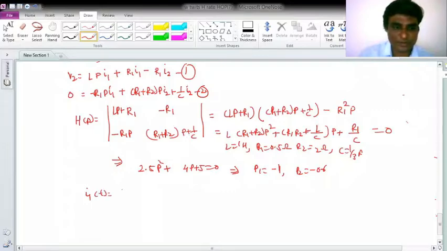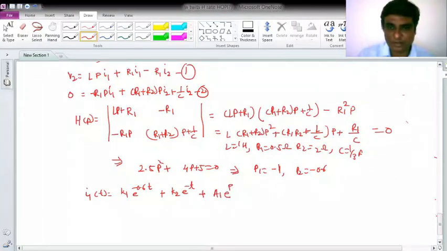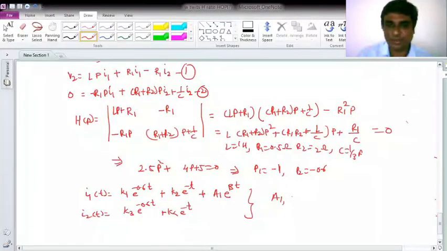So I1 of t will be k1 e raised to minus 0.6 t plus k2 e raised to minus t plus the forcing function, which can be expressed as a1 e raised to bt. And for I2 of t it will be k3 e raised to minus 0.6 t plus k4 e raised to minus t. Next my aim is to compute a1, k1, k2, k3 and k4.